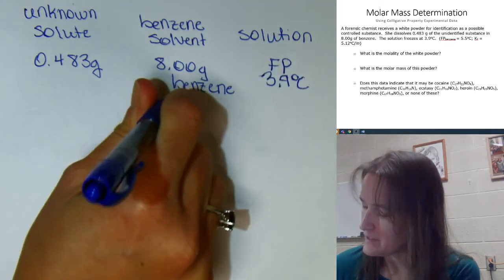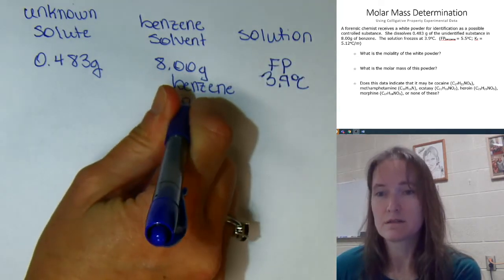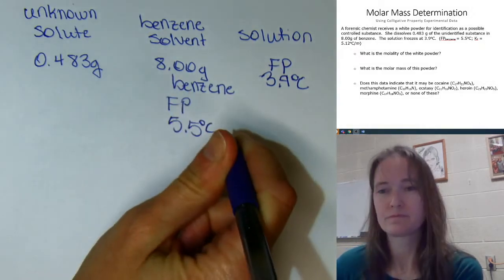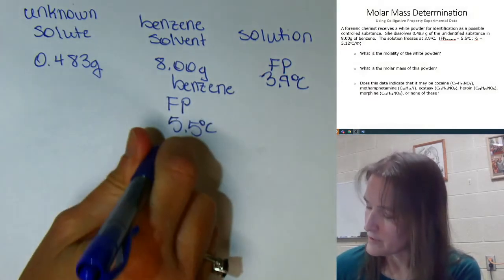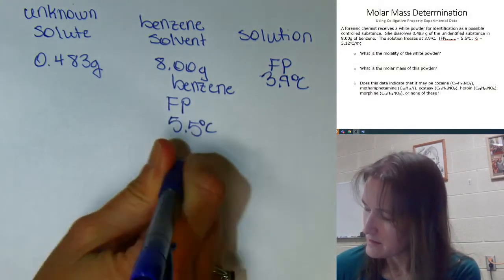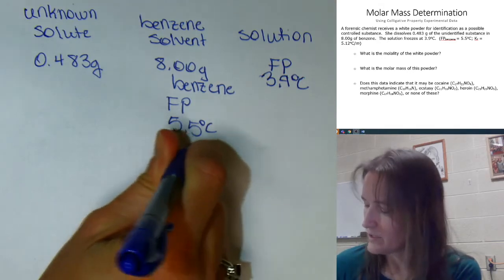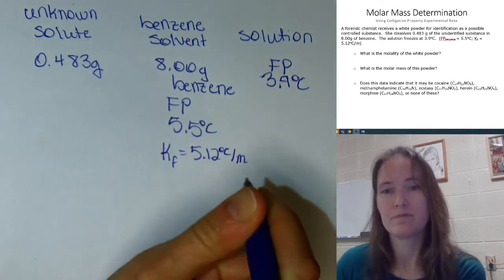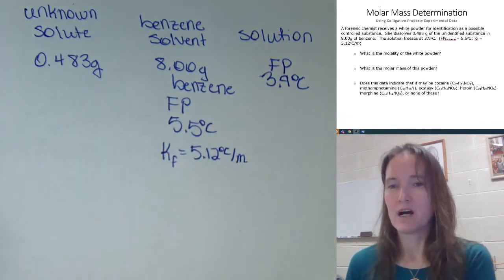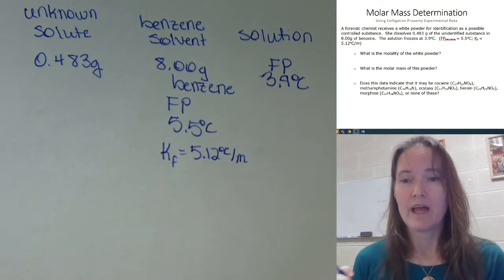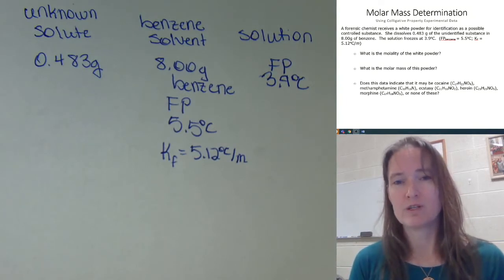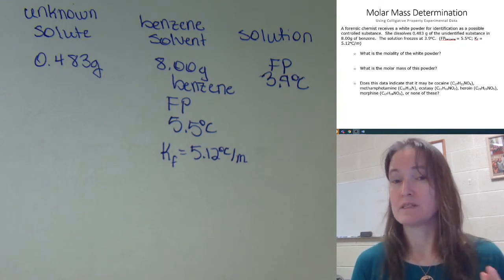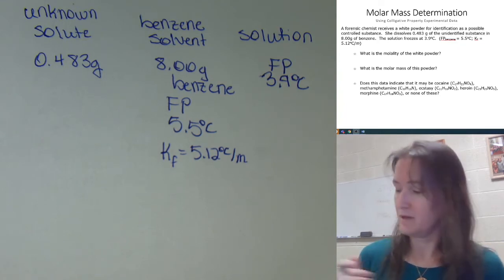But we know that the benzene normally freezes at 5.5 degrees Celsius. And we know the constant for benzene is 5.12 degrees Celsius per mole. So that is all the information that we have, and somehow using that information we should be able to translate that into information to figure out what this unknown substance might be or what it might not be.